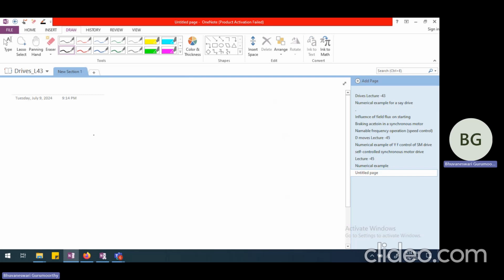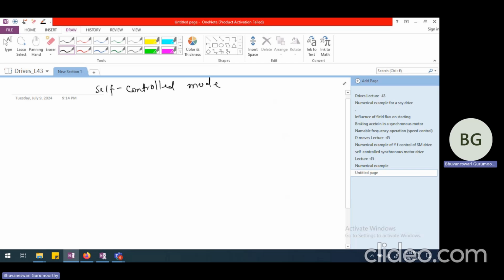So in that case, how do we really control the speed of a synchronous motor drive without having any hunting oscillation? This particular case of controlling the speed of the synchronous motor drive without any hunting oscillation is the self-controlled mode of operation.